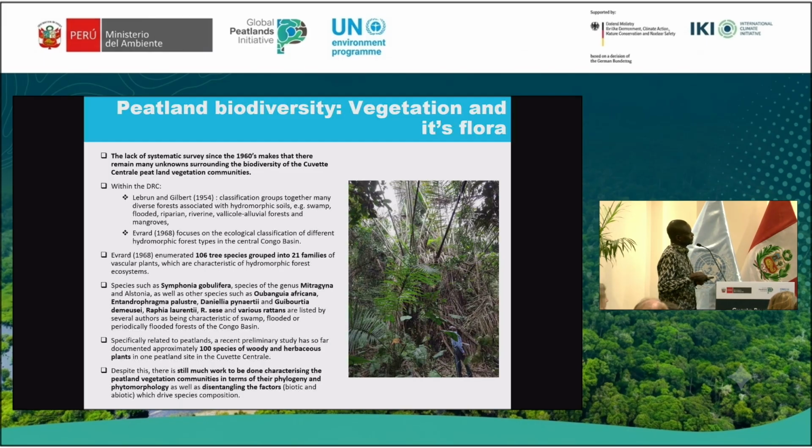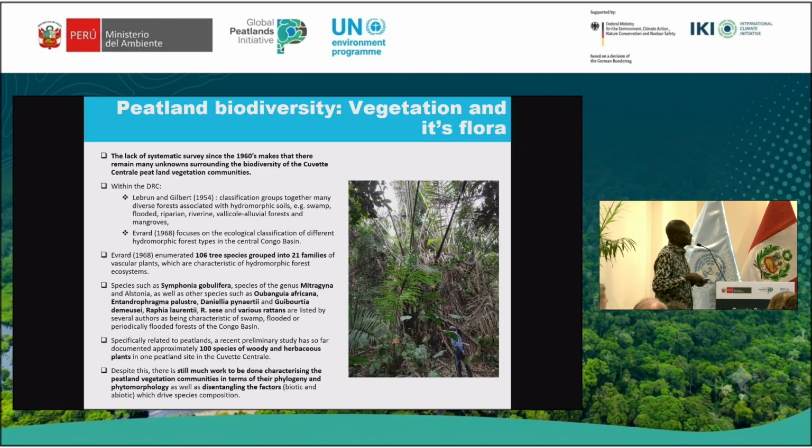But from the seminal work of Evrard, he documented 163 species in that area within 21 families. Most of the species we see are on both sides of both countries, but they are more linked to edaphic, so hydromorphic soils. But there are no specific species that might characterize the peatland in that area, because they are more linked to water.